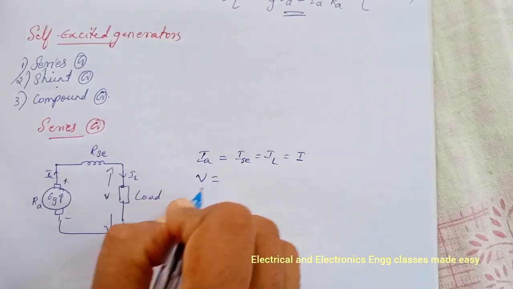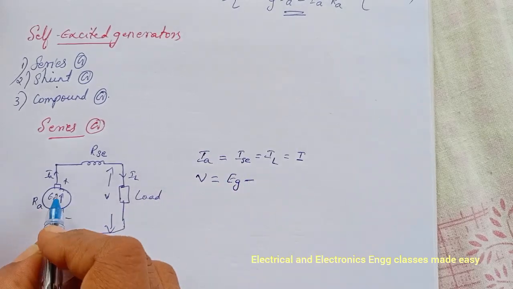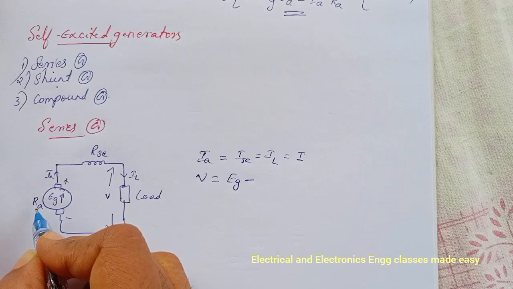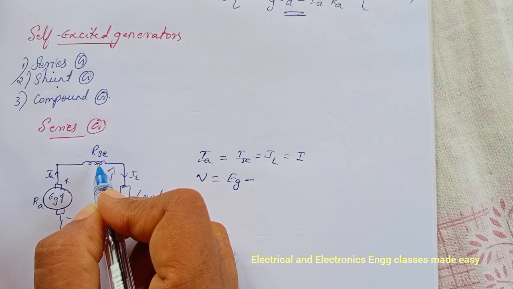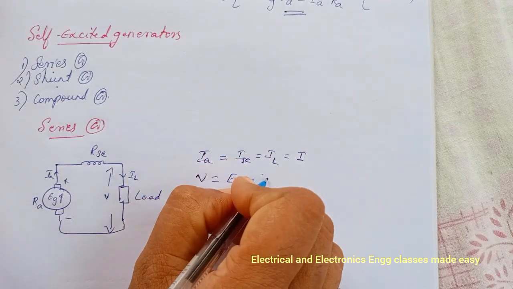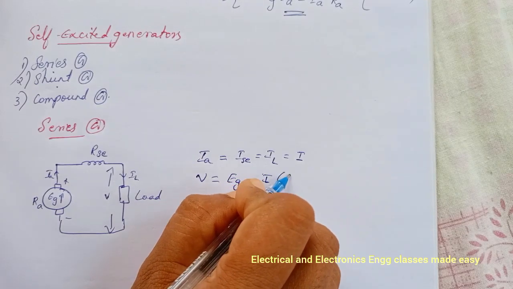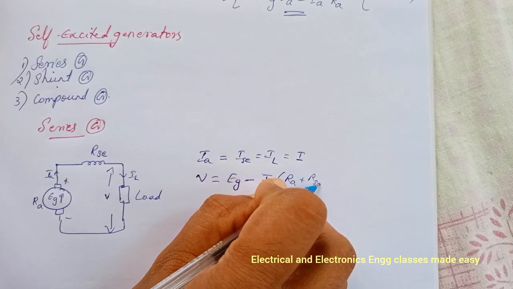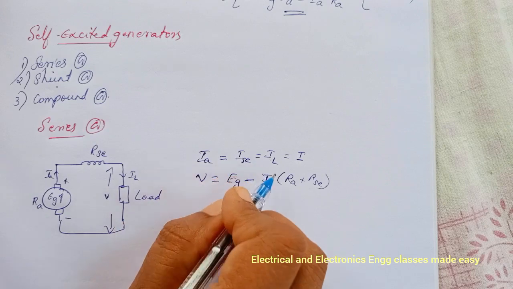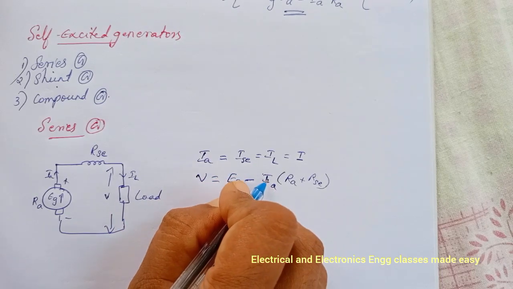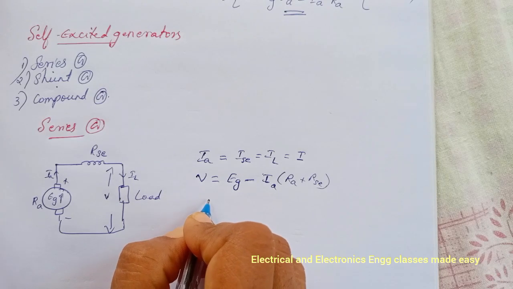Then the terminal voltage V is equal to Eg minus the drop in the armature resistance, and the drop in the series resistance we have to consider. So here it is I into Ra plus Rse, or we can represent this I with Ia or IL. So let us write with Ia.